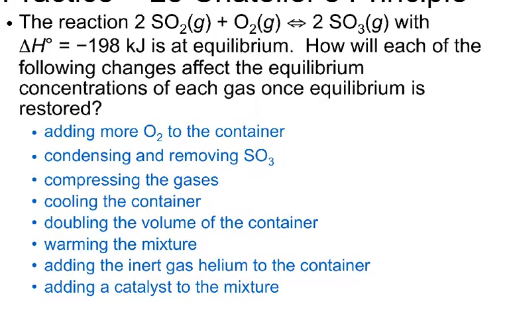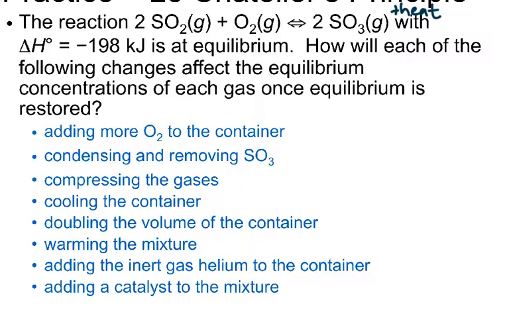Our reaction, 2 sulfur dioxide plus oxygen goes to 2 sulfur trioxide, has a delta H of negative 198 kilojoules at equilibrium. The negative 198 kilojoules means that this is an exothermic reaction, so we can think of heat as a product. How will each of the following changes affect the equilibrium concentrations of each gas once equilibrium is restored?